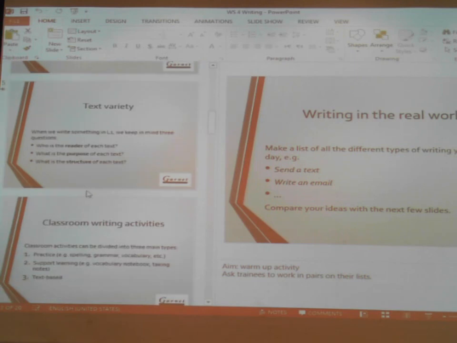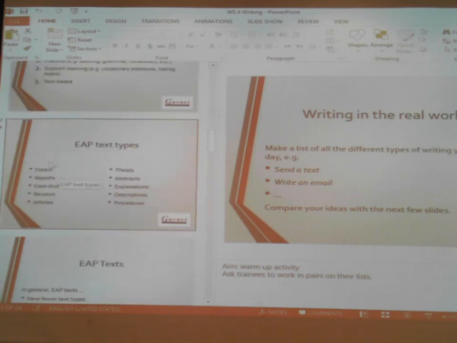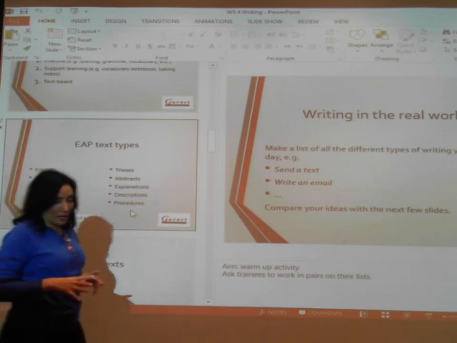But when you have in mind the reader, the purpose, the structure, okay? But for EAP, you write essays, reports, case studies, reviews, articles, sometimes theses, as we all do, abstracts, explanation, description, and procedure.